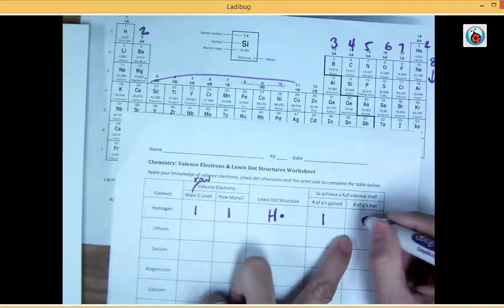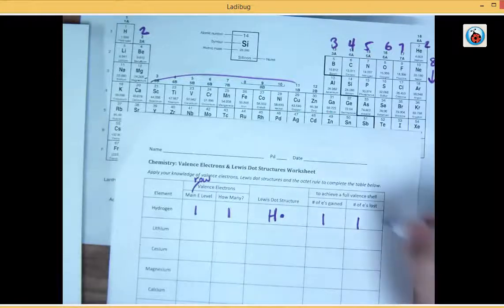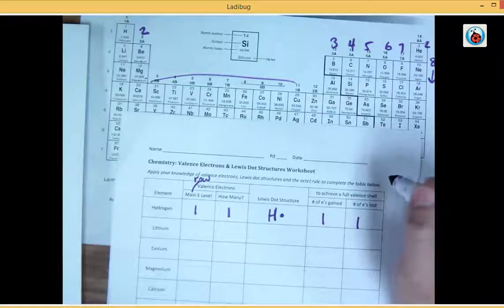Or it can lose 1 as well, so that it goes down to nothing below it. So it loses that whole shell completely. Hydrogen will tend to do that. Hydrogen can lose an electron, or most of the time it will share, because we'll go over bonding later on, and because hydrogen is a non-metal, it typically shares electrons. Okay.